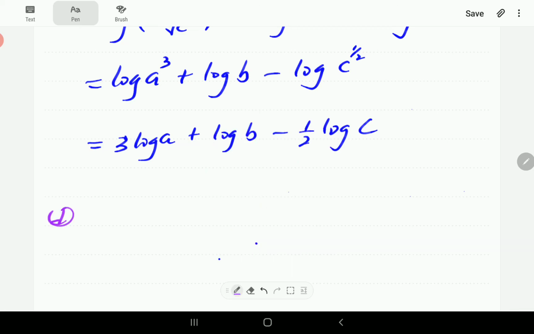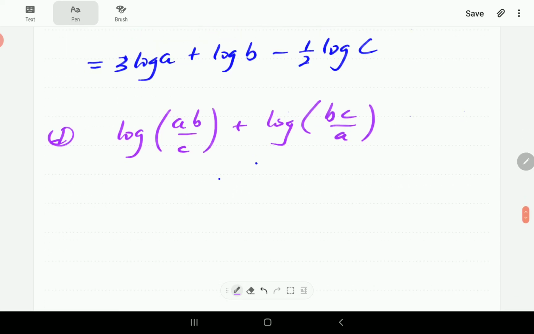For D, we have got log of ab over c plus log of bc over a.